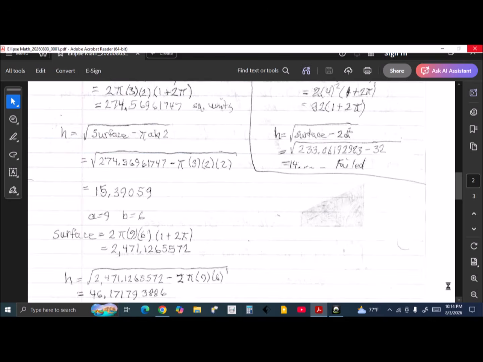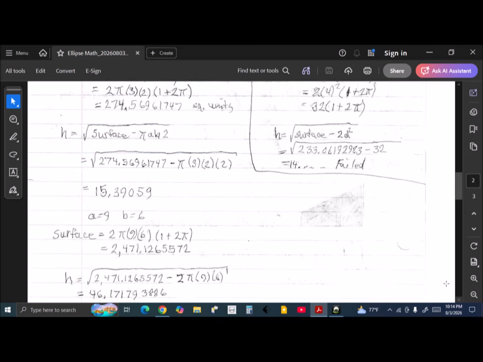I came up with 46.17179 in this result, and in the calculator that I was using online, I believe I got 47 point some number.